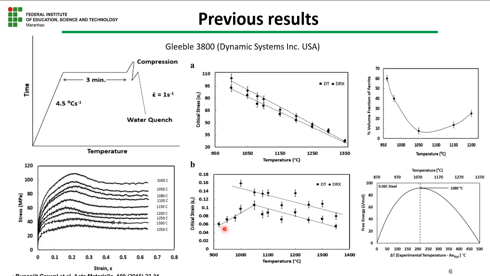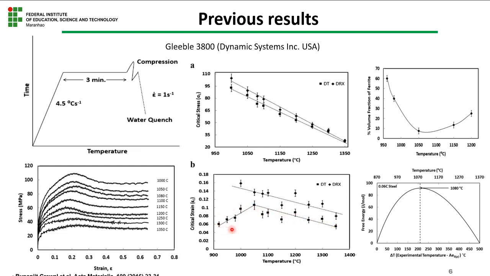This is an interesting behavior where the critical strain goes a little bit higher and takes a maximum point as the temperature increases, and then it decreases as we continue applying compression tests over the sample and increase the temperature.